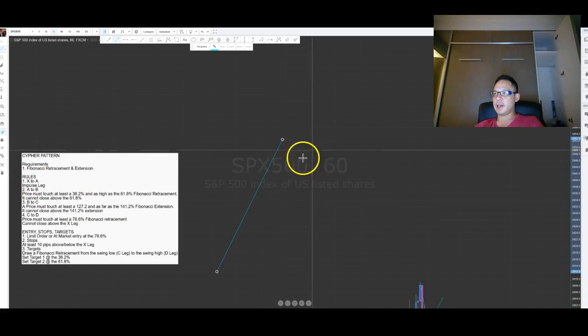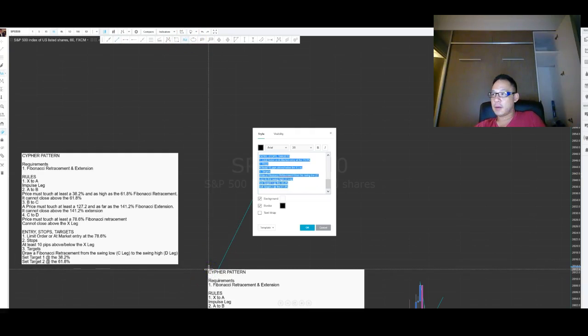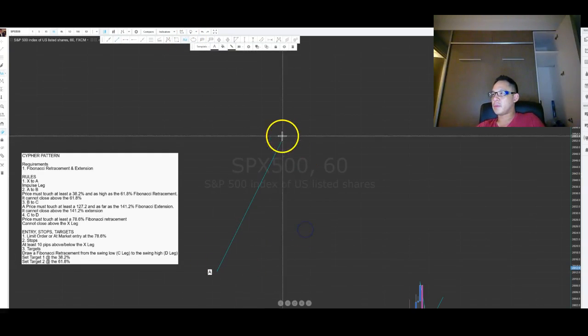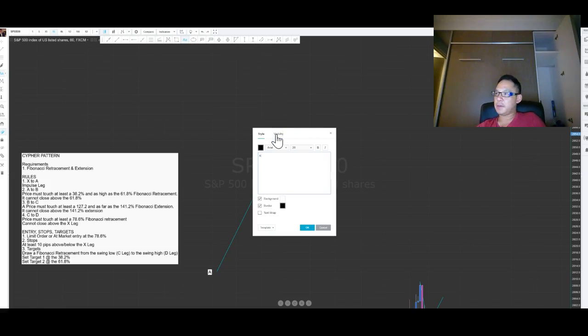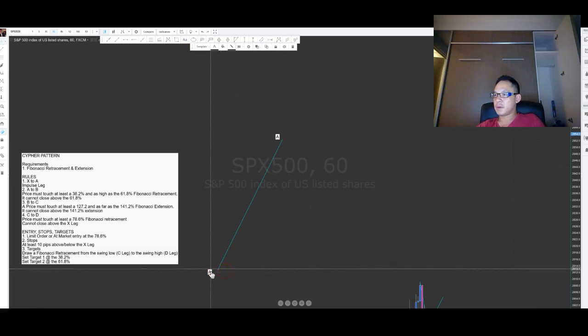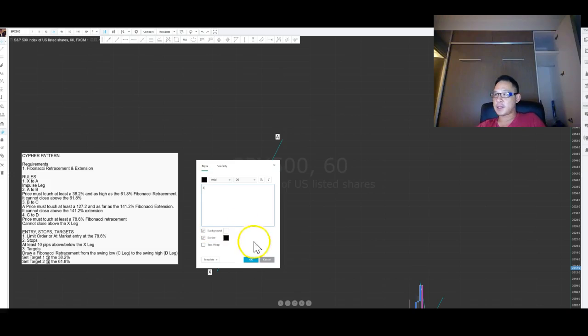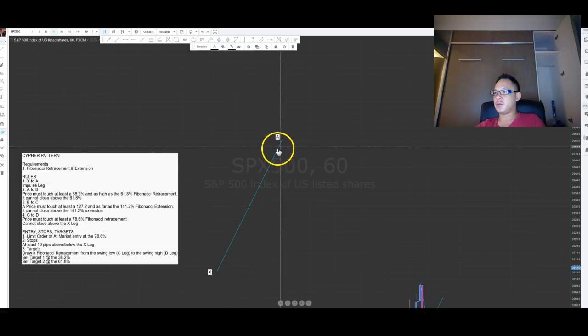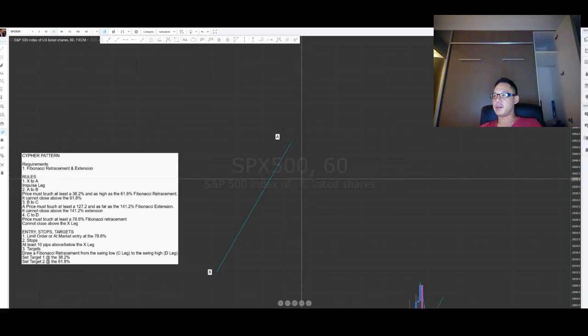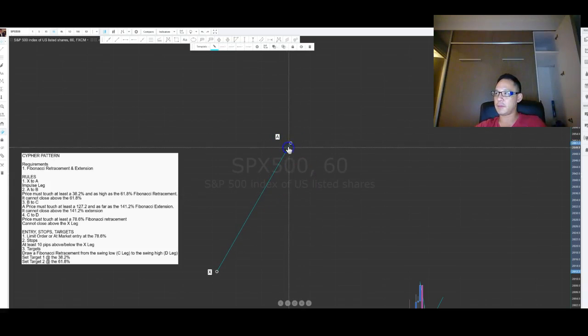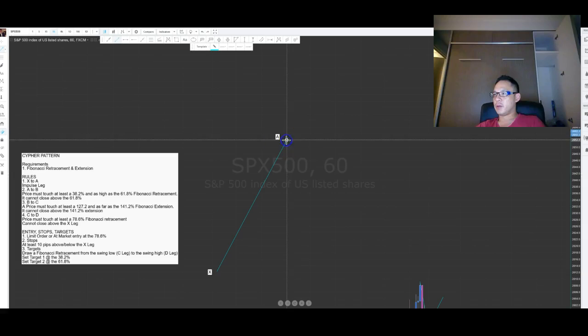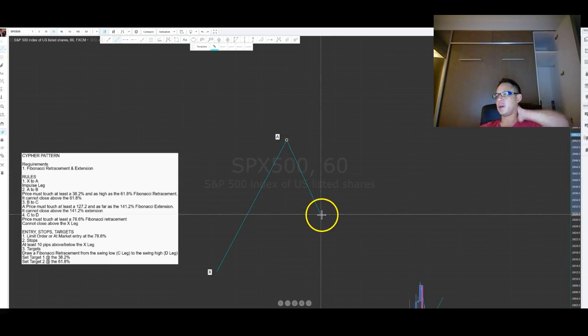So your rules: X to A, initial impulse leg. Again, I won't go into too much what an impulse leg is, right? There's heaps of information online about that. You get your initial move up, right? And then you get your pullback, your reversal, right?